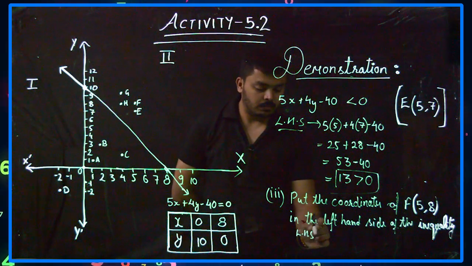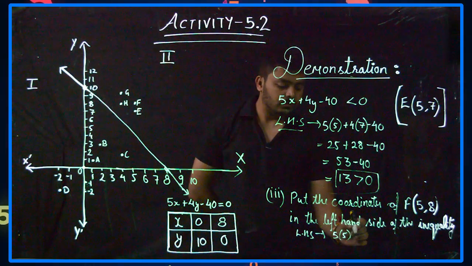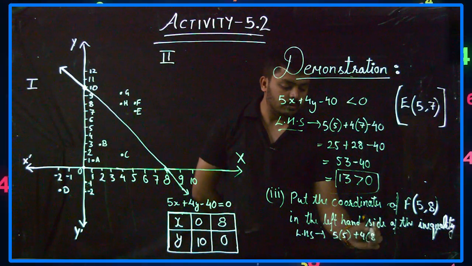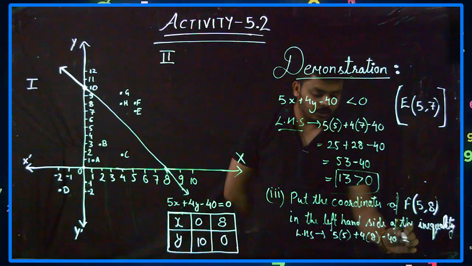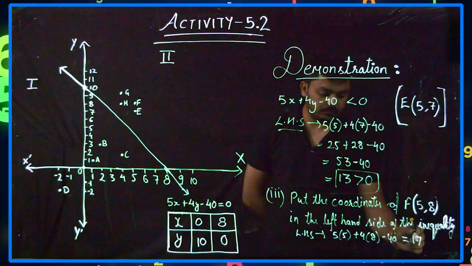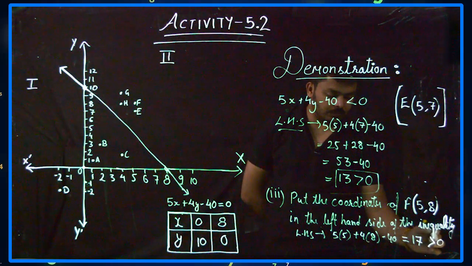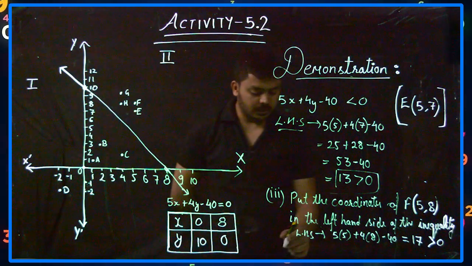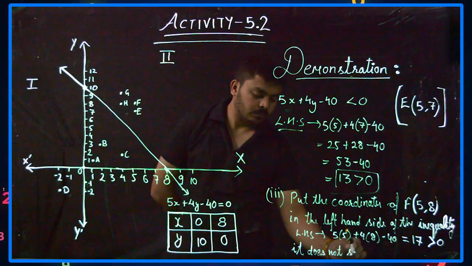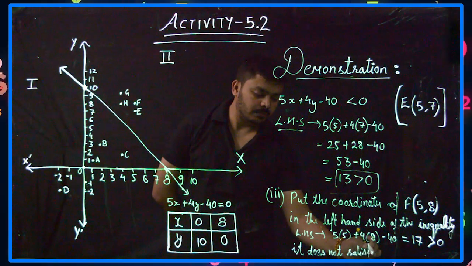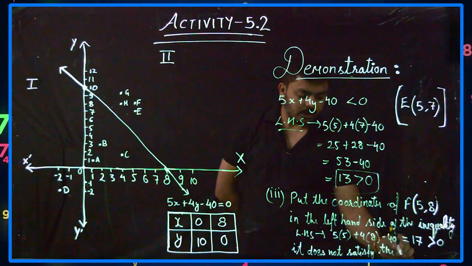We get LHS as 5 into 5 plus 4 into 8 minus 40, which is equal to 17, hence greater than 0. We can say it does not satisfy the inequality.